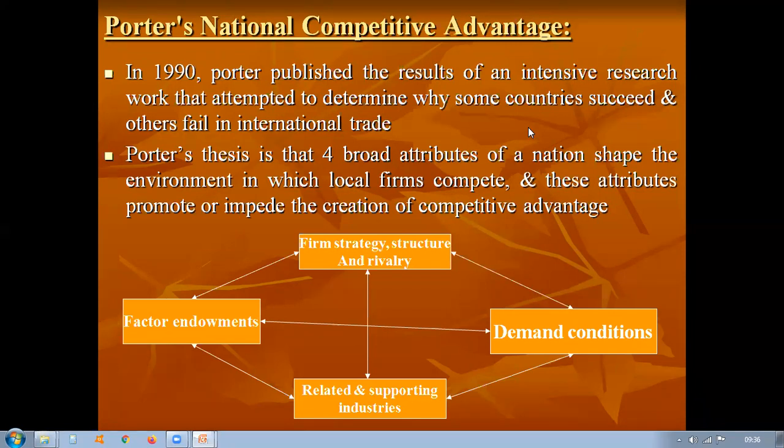Comparative cost advantage theory says that countries should produce and export those products for which they are relatively more productive than other countries, and import the other products from those countries.